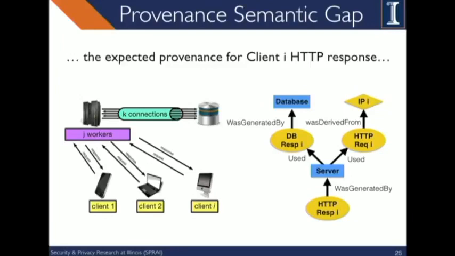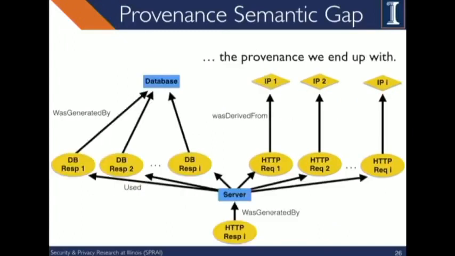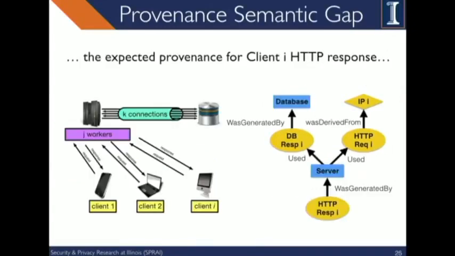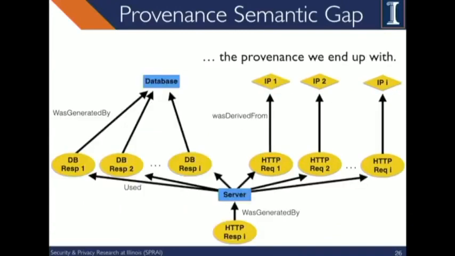So there's a problem here, and it has to do with a semantic gap that exists between the operating system and user space. This is actually what the provenance would look like. Because we have a whole lot of different clients connecting to this particular web server, if we don't understand what's happening under the hood in this web service, we end up in a scenario where we have to conservatively assume that this response, the response to client I, is actually dependent on all of the other work that the web server did previously.